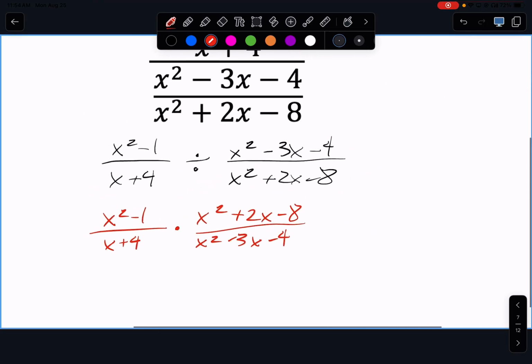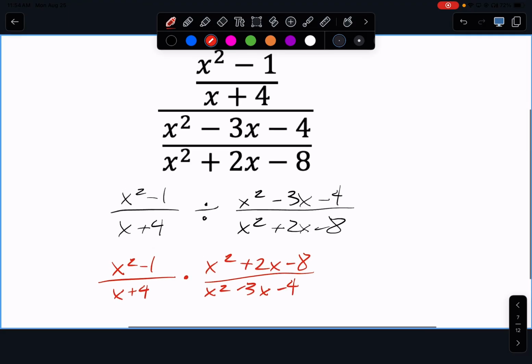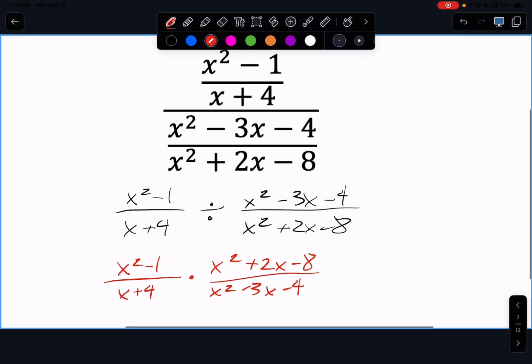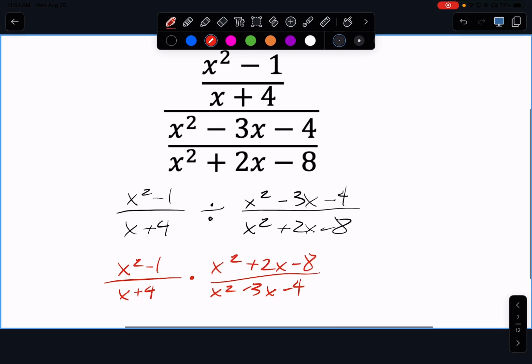So those are our steps so far. Now we need to factor where we can factor so that we can cancel some things out.